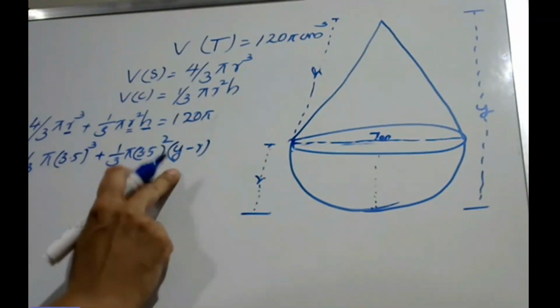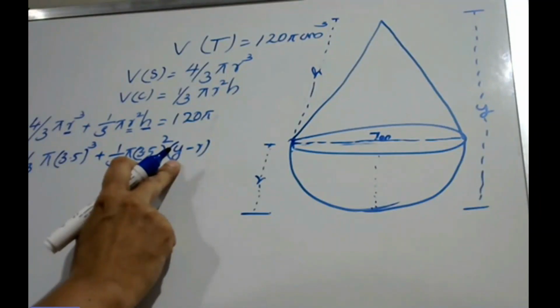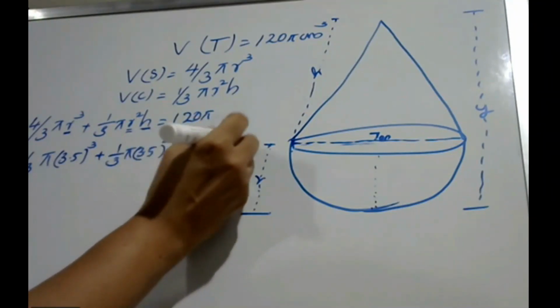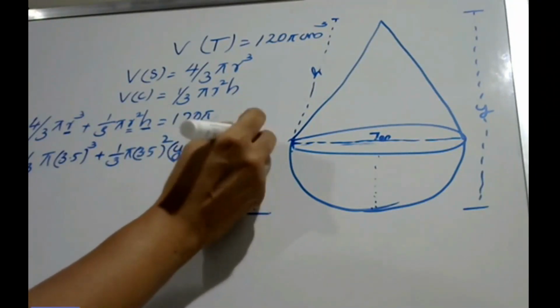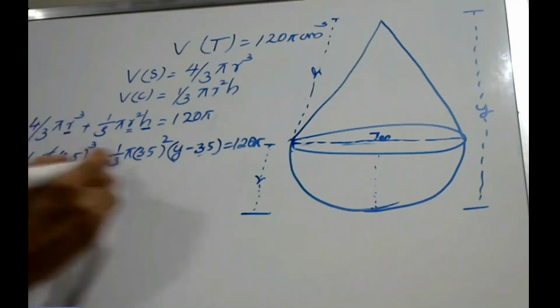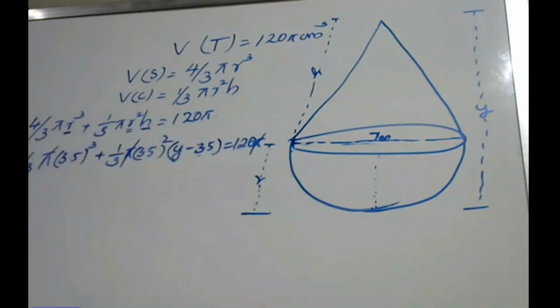I wrote this so that by solving this, I can directly get the value for y. Here r is equal to 3.5, and this is equal to 120 pi. Okay, now I have to solve for this. The pi is common in every term, so I cancel out those pi's.